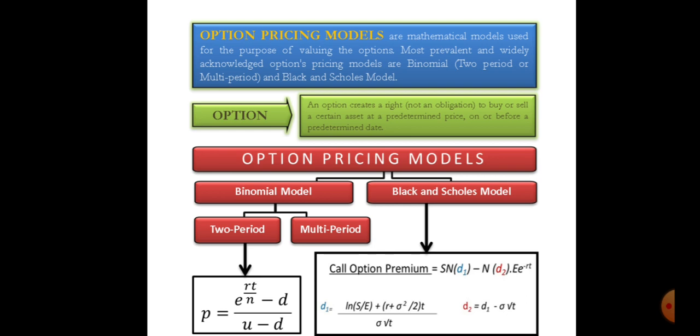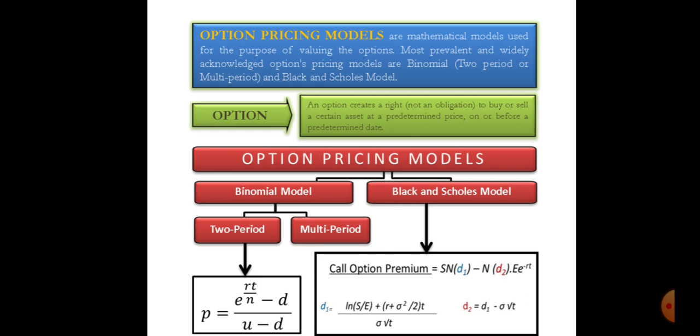We have already discussed so many times what is meant by an option and how the trading process works. For everything I have given a chart, so put those charts or figures in your exam while writing. When it comes to option pricing models, there are mainly two models, the binomial model and the Black Scholes model.